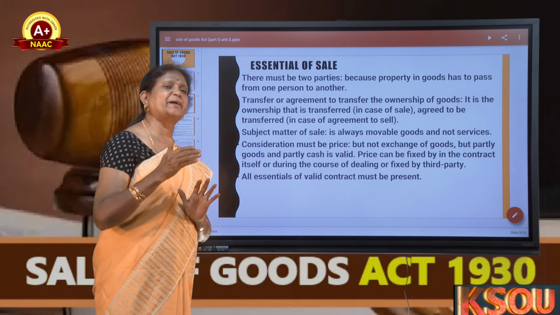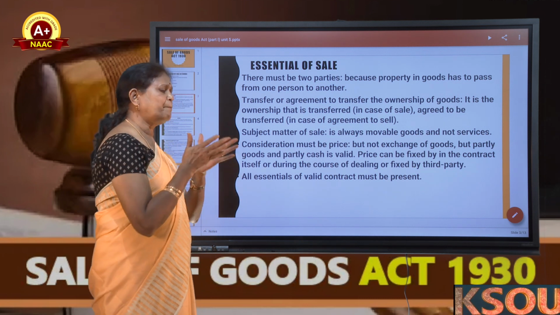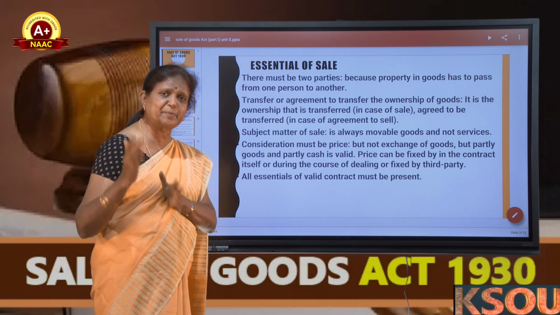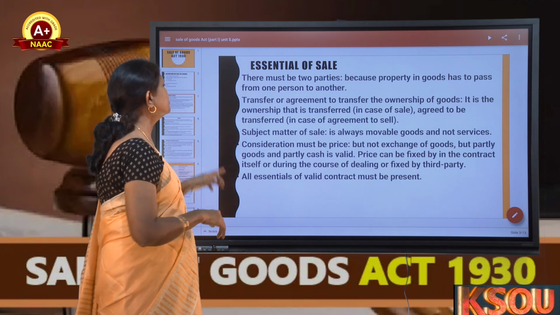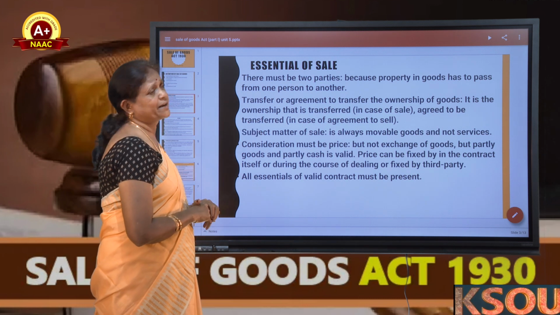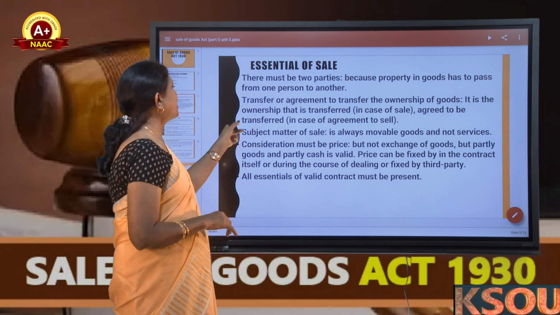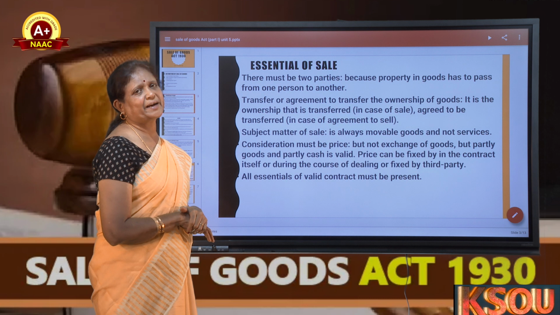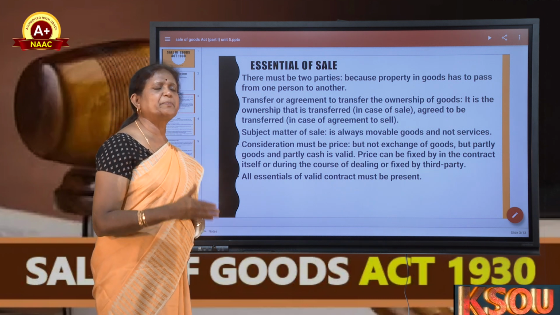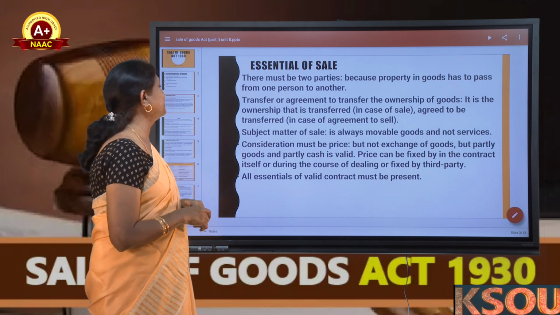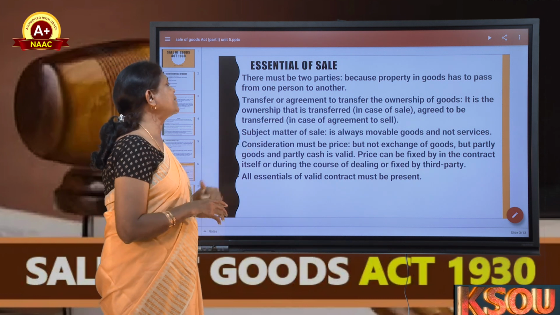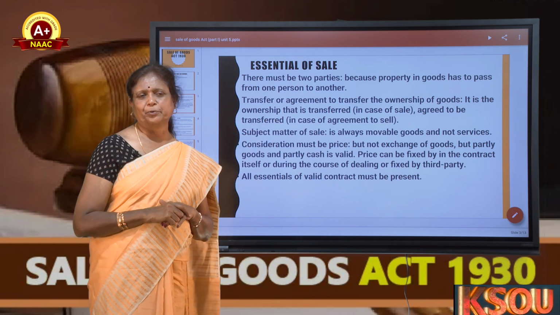Possession of the goods may be taken at any time, but passing of ownership is very much essential in a sale of goods. Ownership is to be transferred in case of sale, or agreed to be transferred, meaning proprietorship will be transferred at a future date, in case of an agreement to sell. So the subject matter of sale is always movable goods.